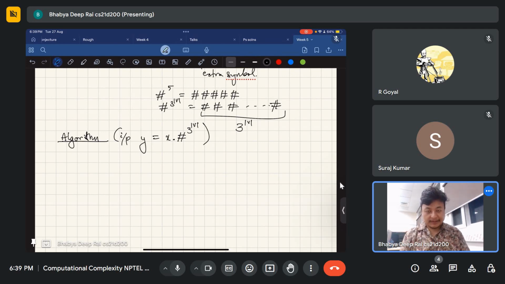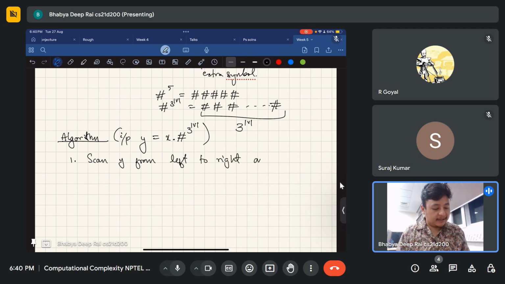This is my input, and now step 1: first thing I do is I go till the end hash. Scan y from left to right and extract x from it.